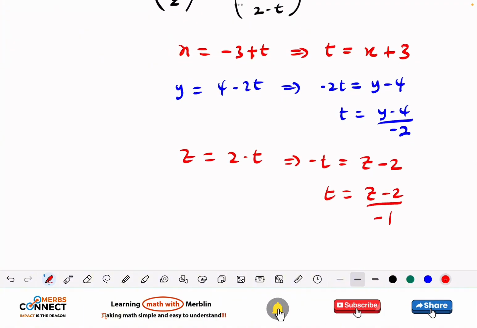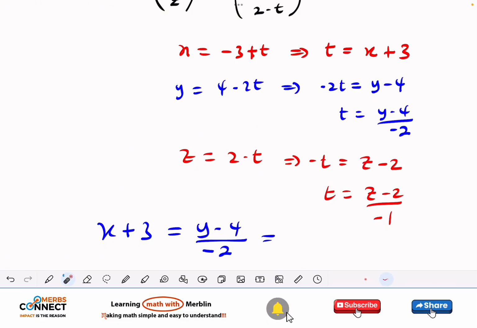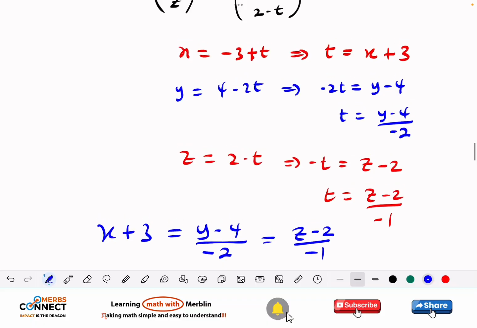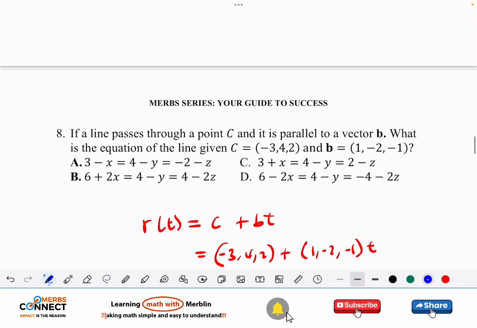Let's check the results before we compare anything. We see that this is t, so we have x plus 3, which is equal to, this is also t, so we can write y minus 4 divided by minus 2, and this one too is also t, so we are going to have z minus 2 divided by minus 1. Let's check the results to see if we need to do any manipulation.